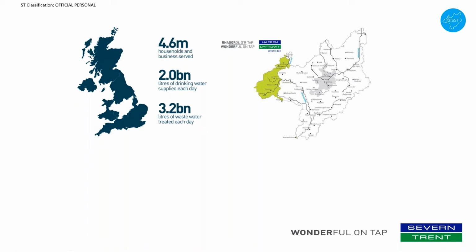And actually we're now two companies. Severn Trent split into an English licensed provider in England and a Welsh licensed provider in Wales that we call Hafren Dyfrdwy. So it's actually two separate companies, but we provide the common services of GIS to both.